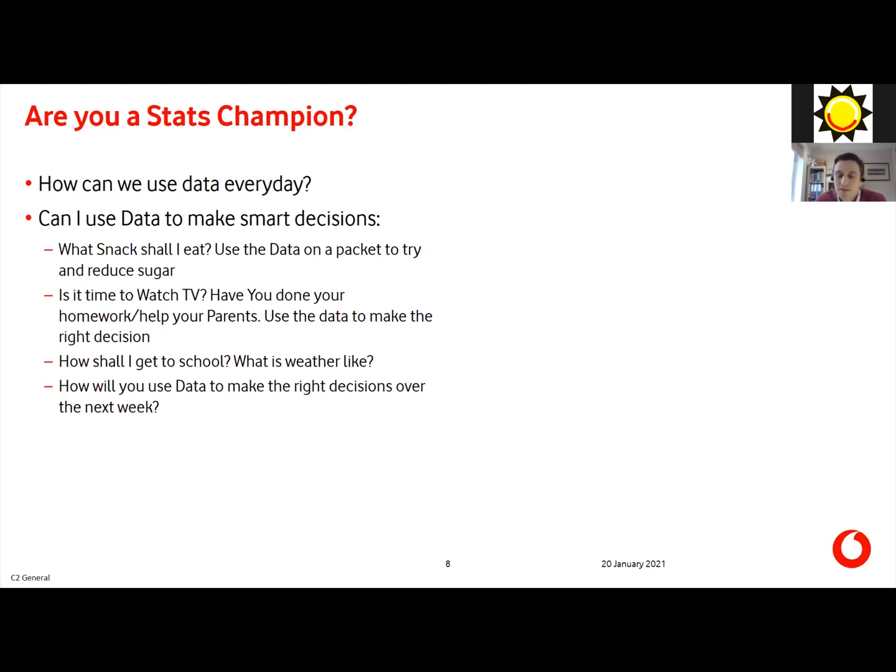Now, I saw my son actually processing data to make the right decision just the other day. We were at home and Sam is just beginning to play rugby and he's learning how to tackle. And he spotted that his sister was nearby. So he used the following data inputs. What was her mood like? Was she happy? Was she sad? Was she grumpy? How far away was she? Was it likely that he could get to her in time?